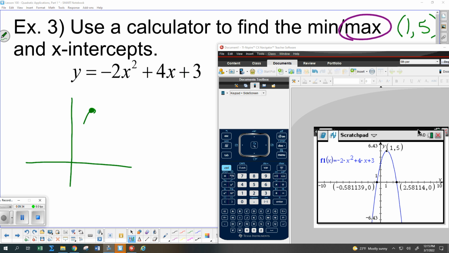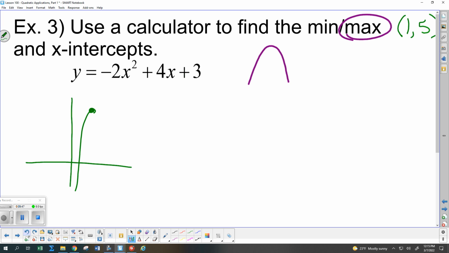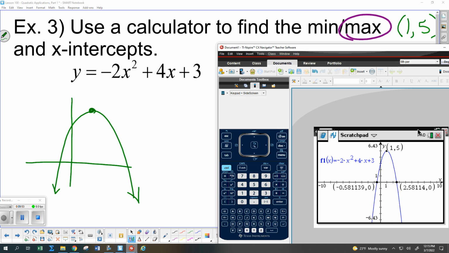Now, it also says one x-intercept is negative, the other is positive. I am not going to draw my parabola really skinny like that because I just drew 2 positive x-intercepts. Do you see how both of mine are on the positive side? So that would not be correct. So I would instead be drawing it so that it comes down like this. And then I can label everything on the graph.